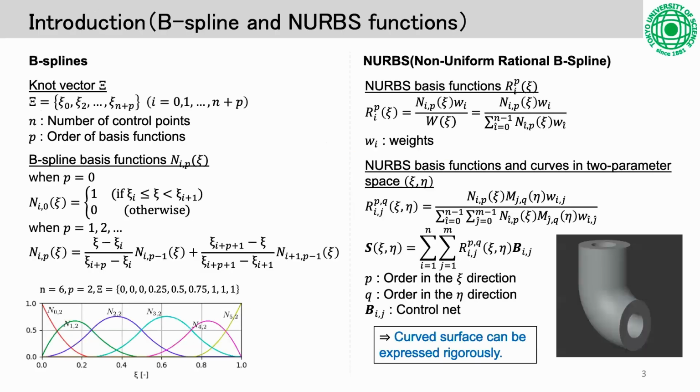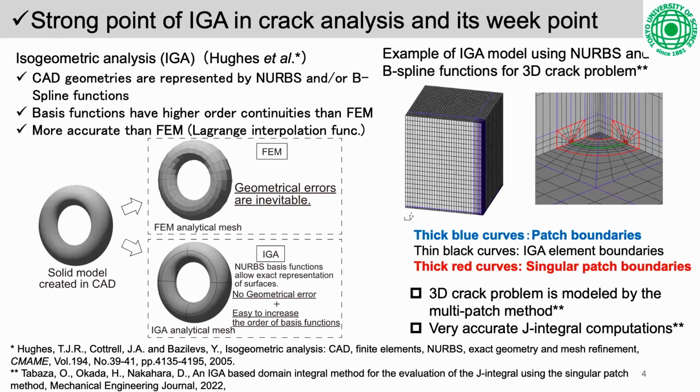Okay, first, let me introduce what isogeometric analysis is. Roughly speaking, we replace the shape function of finite element by B-spline functions or NURBS functions, which have higher continuity than Lagrange type interpolation functions used for the finite element method.